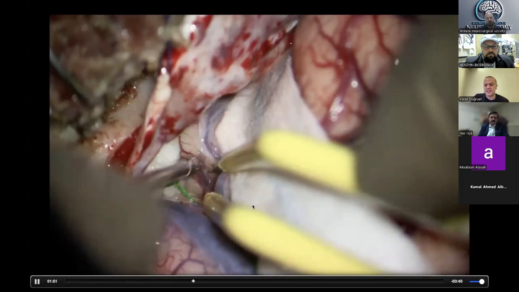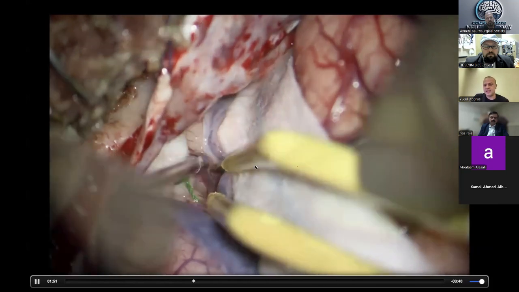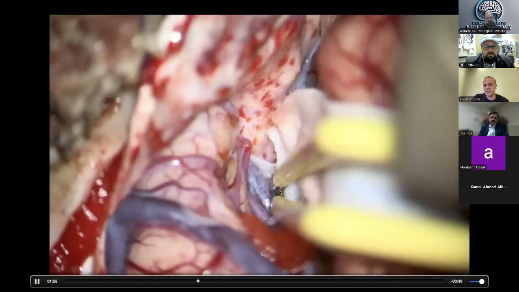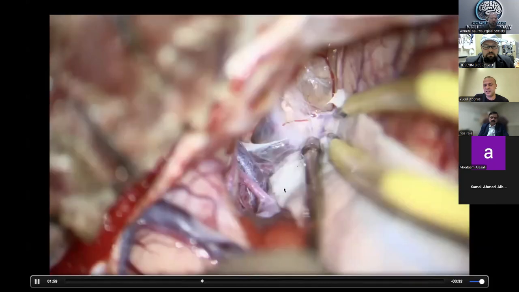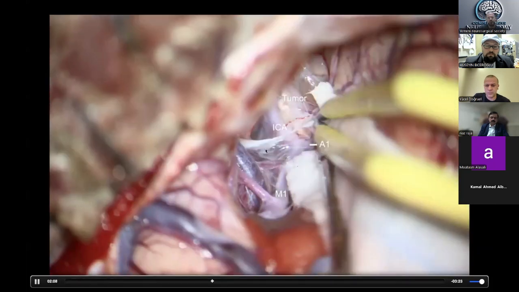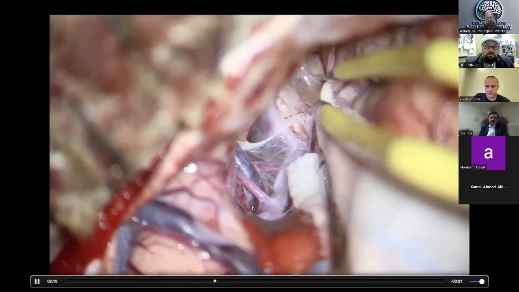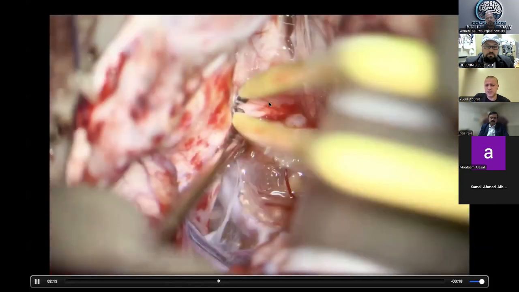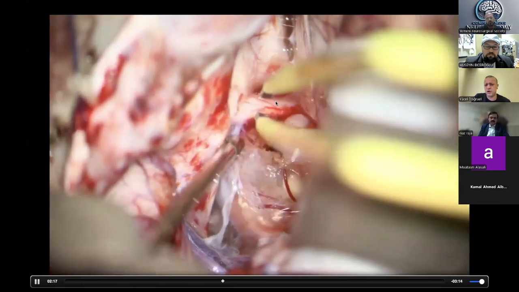Here we can see a deep Sylvian vein in this patient, the M1 segment of the middle cerebral artery, and here we can see the tumor. This is the ipsilateral, already compressed optic nerve.